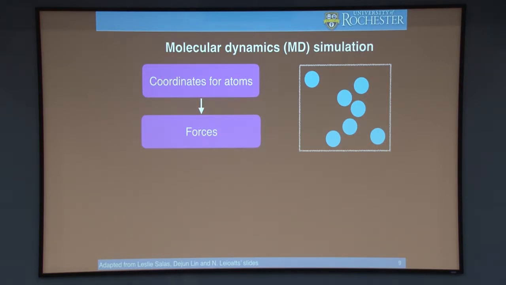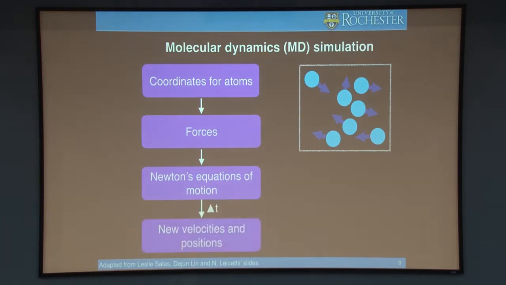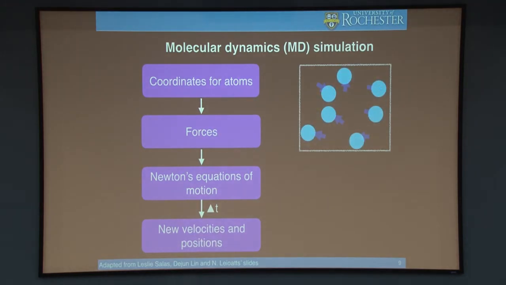If we know the forces, we can put them into different equations of motion to know where the atom is going in the next step. In our case, we use a very small amount of time, femtoseconds, to see how a single atom is moving. And then we can know where the next position of these atoms is.